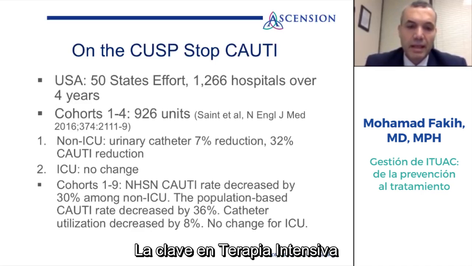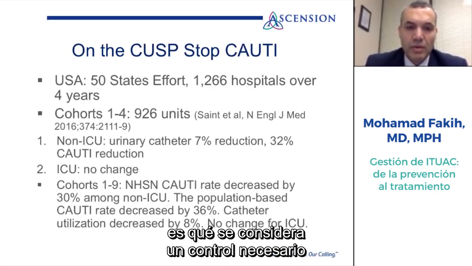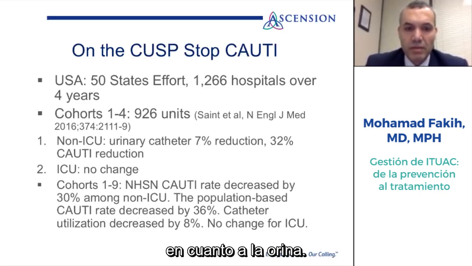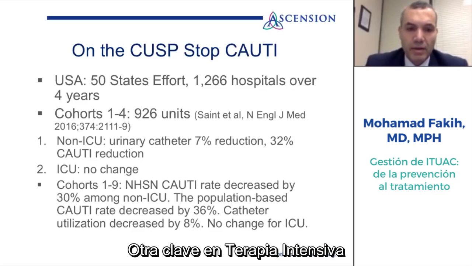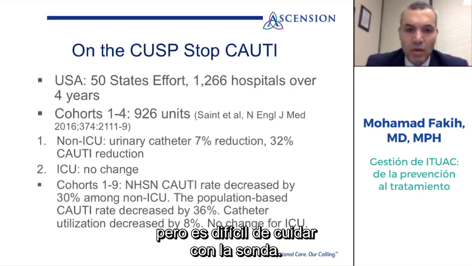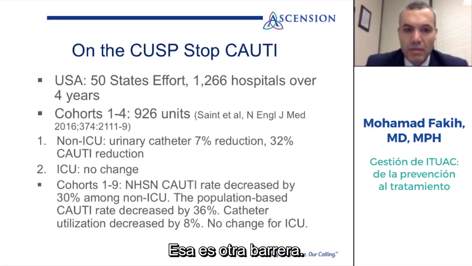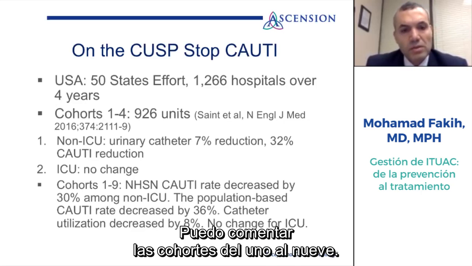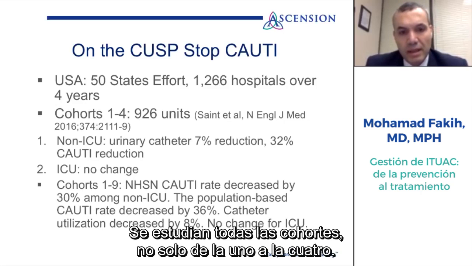But the key in the ICU is what is considered important to monitor as far as urine monitoring. Another key component with the ICU is that a lot of people who are intubated may not need urinary output monitoring, but it is quite tough for the nursing care to happen without the catheter, so that's another barrier.